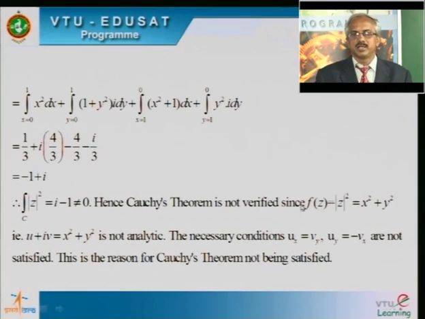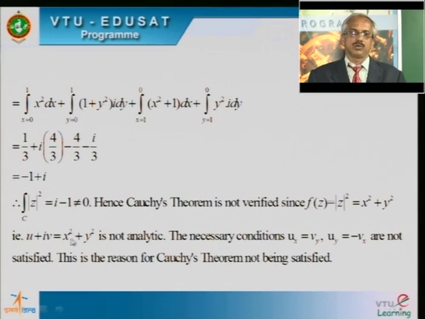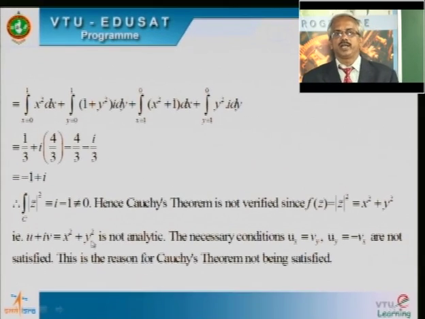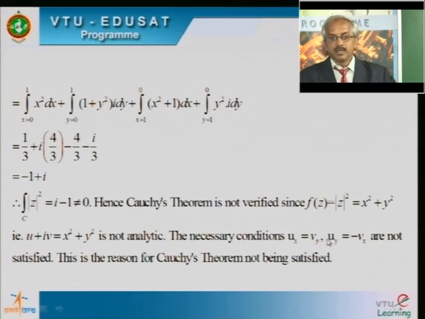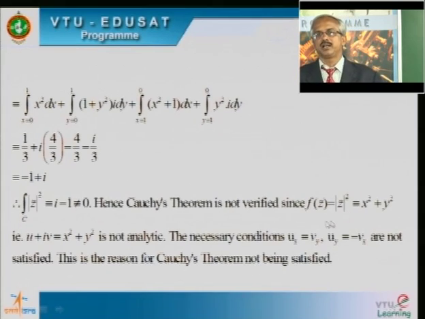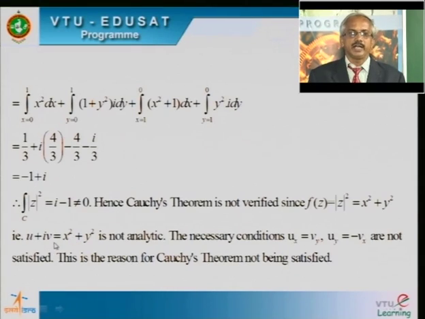One of the reasons is that f of z is equal to mod z squared, which is x squared plus y squared, that is u plus iv is equal to x squared plus y squared, which is not analytic, because the necessary conditions ux is equal to vy and uy is equal to minus vx, that is dou u by dou x equal to dou v by dou y and dou u by dou y equal to minus dou v by dou x, are not satisfied. This is the reason for Cauchy's theorem not being satisfied, because this is one of the necessary conditions to be satisfied to say that the given complex function is an analytic function.